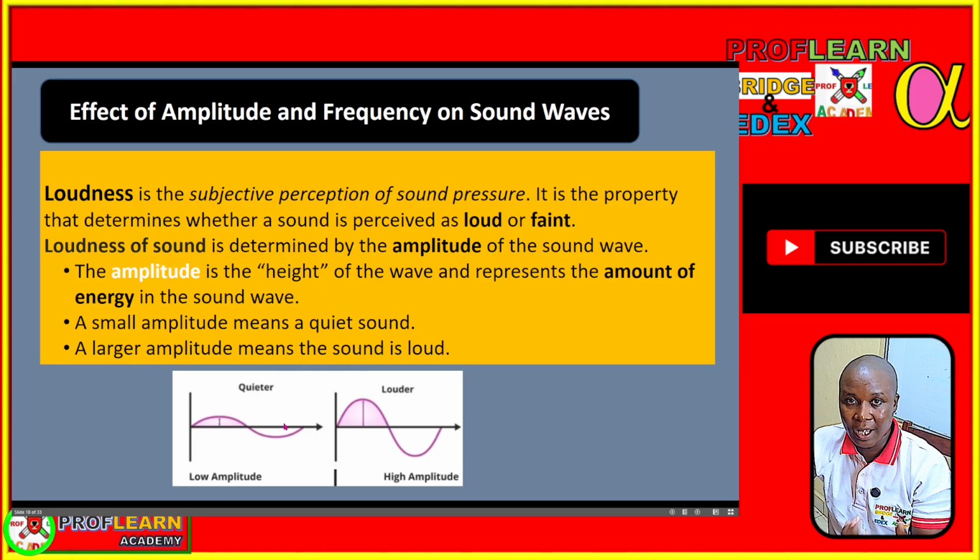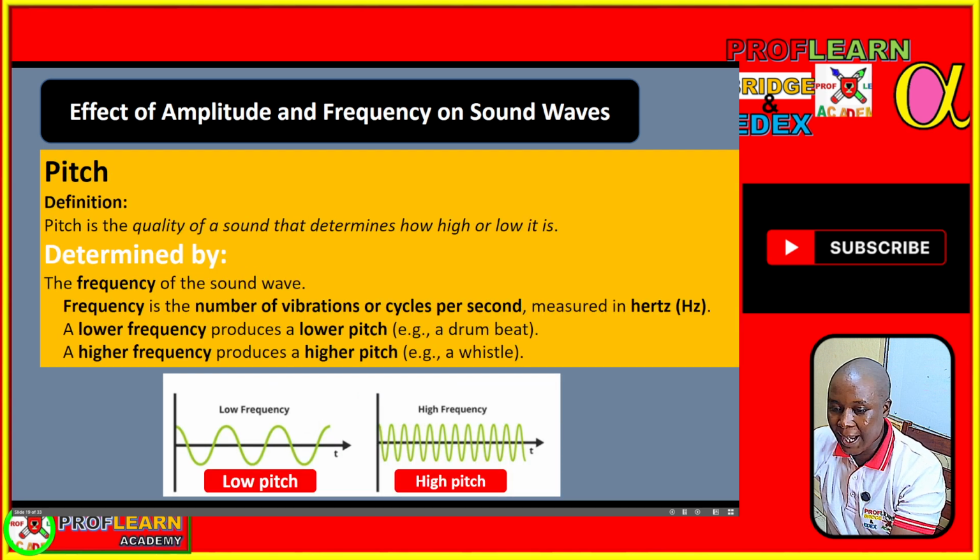Loud sounds have bigger amplitude. Quiet sounds have smaller amplitude. A high-pitched sound, like the sound produced by a whistle, has a high frequency. A low-pitched sound, like a drum, has a low frequency.